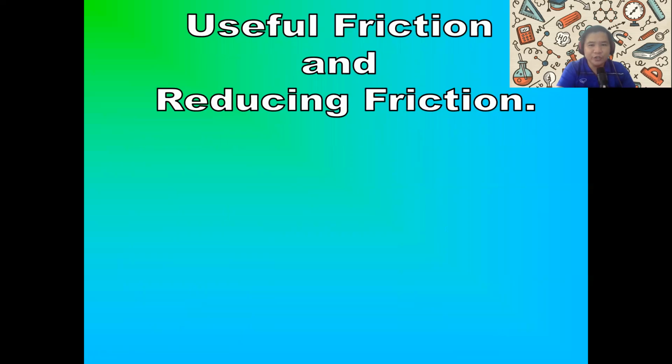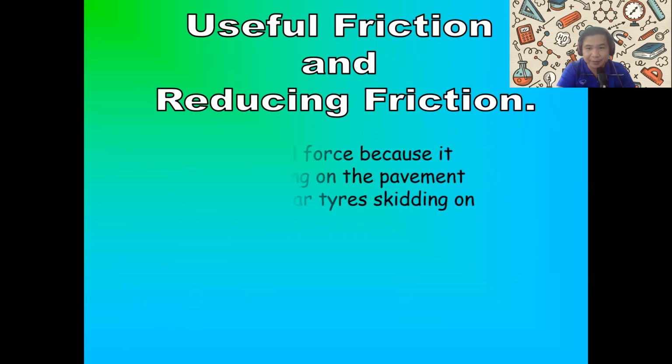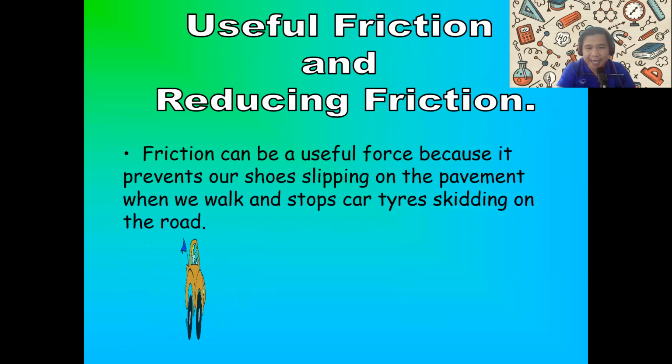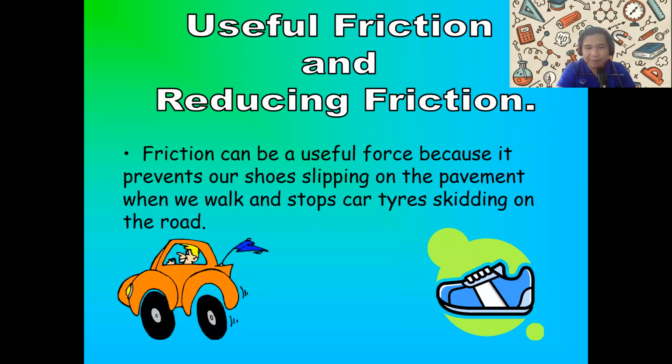Now, there are two things that you should know about friction. It can be useful and not useful. We call them useful friction and reducing friction. Friction can be a useful force because it prevents our shoes slipping on the pavement when we walk and stops cars' tires skidding on the road.